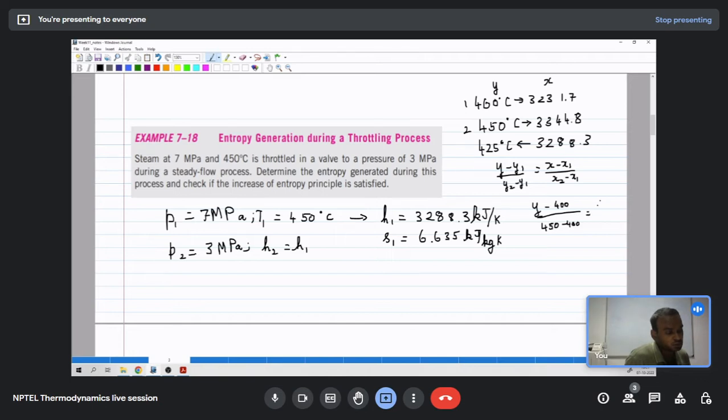This is equal to these values, like x is 3288, x1 is 3231.7 and x2 is 3344.8. By this I can calculate y, and that's how I calculated 425 degrees Celsius. So now I know that T2 is 425 degrees Celsius, and I can calculate S2.